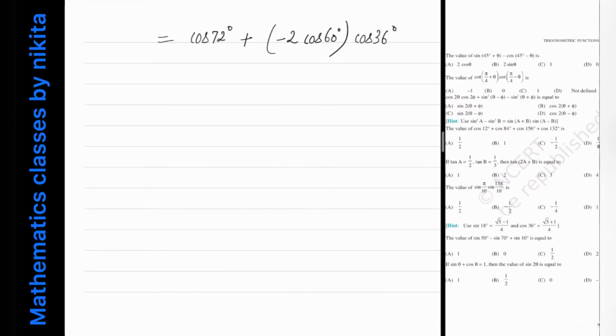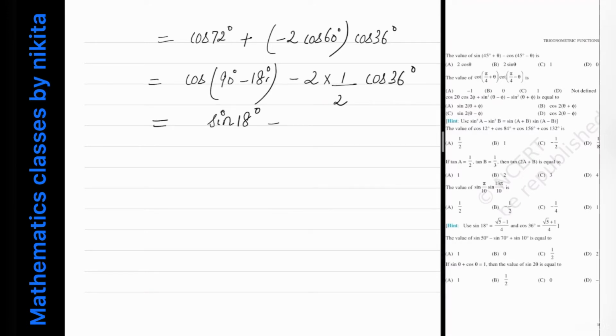Okay, and this is equal to cos of, now 72 degrees can be written as 90 degrees minus 18 degrees. Okay, and this will become minus 2 into cos 60 is again half into cos of 36 degrees, which is equal to, now cos of 90 minus theta is sin theta. So this is sin of 18 degrees minus cos of 36 degrees.